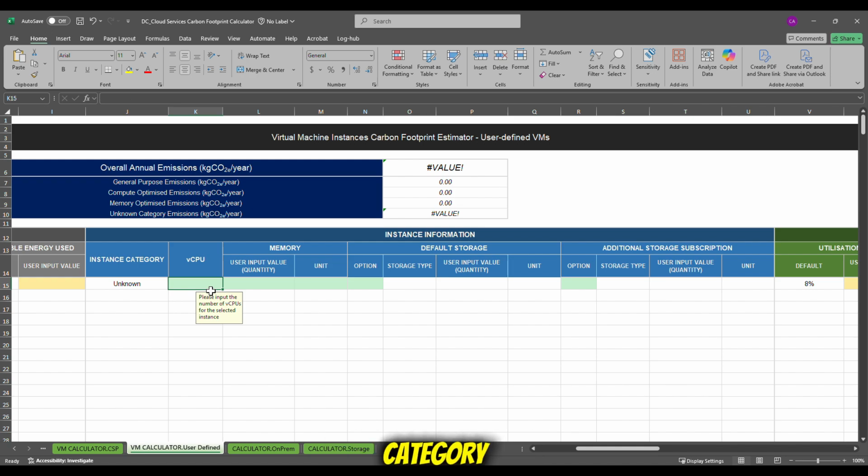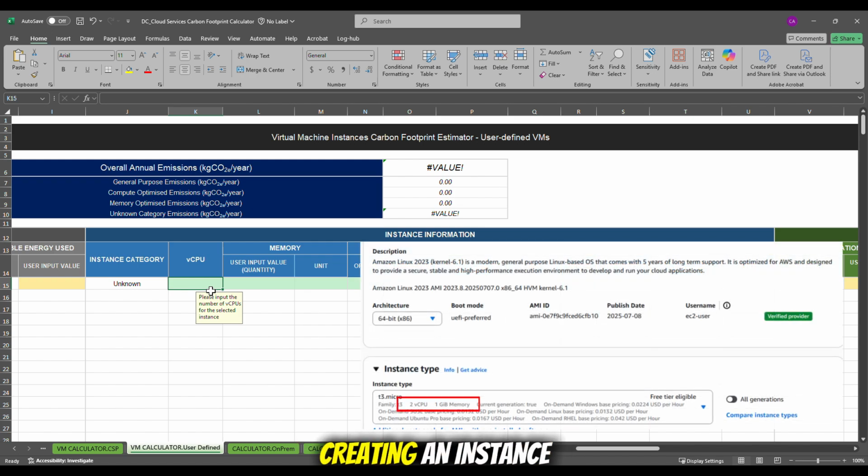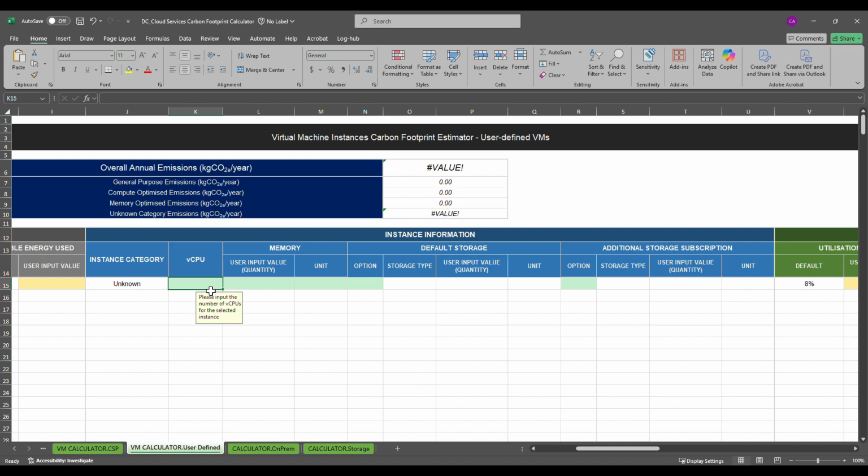After selecting the category, the next inputs are the number of vCPUs and the amount of memory. These details are typically available when creating an instance or can be found on your dashboard for existing instances. The last two inputs are the default storage and any additional storage subscription.